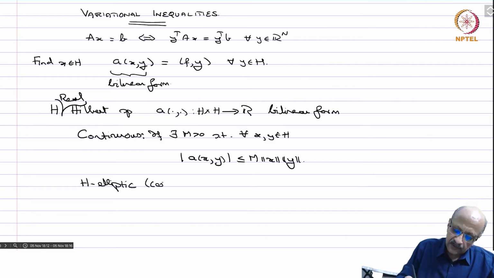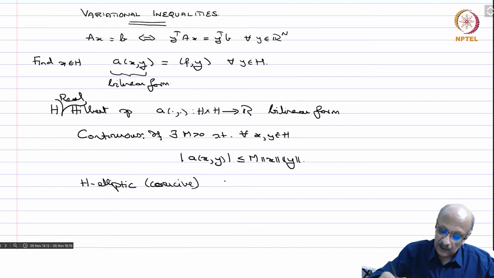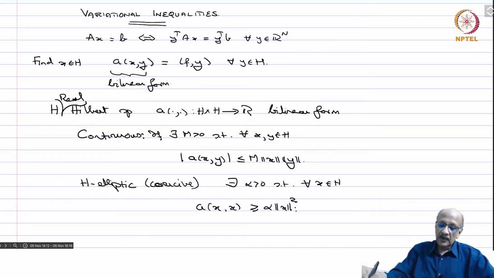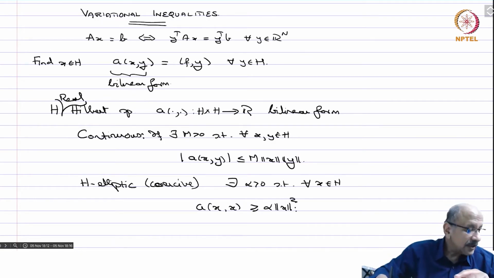Another word is coercive. This terminology we have seen before, and you will know immediately why I am having that. If there exists alpha positive such that for every x in H we have A(x,x) greater or equal to alpha times norm x squared. Okay, so then it's called H elliptic.